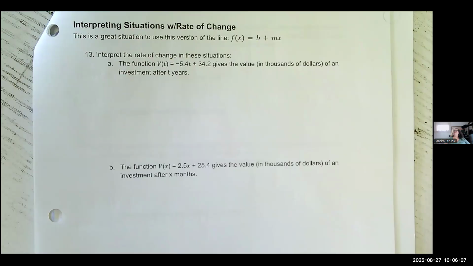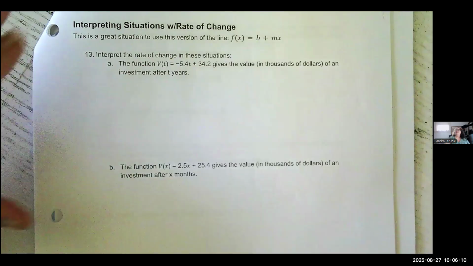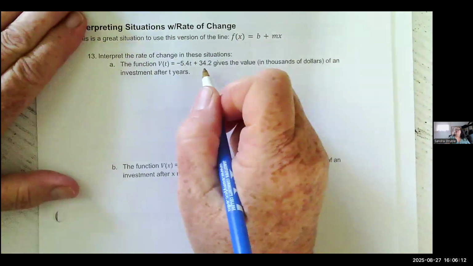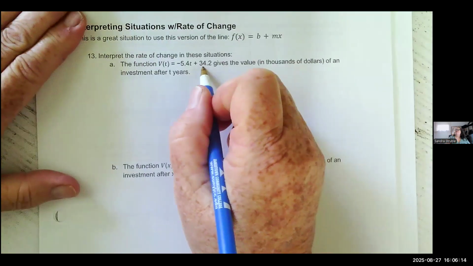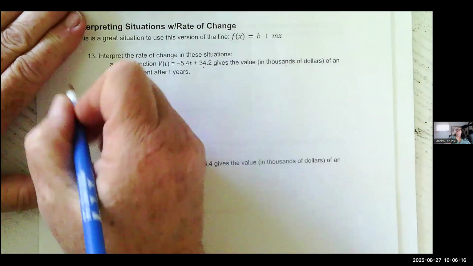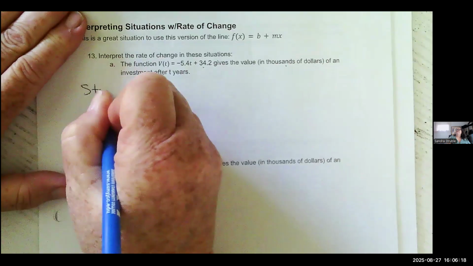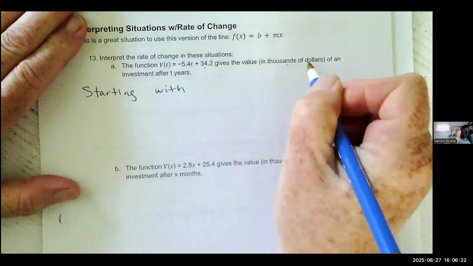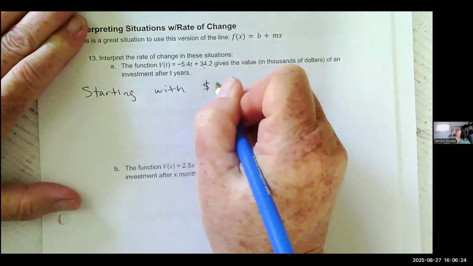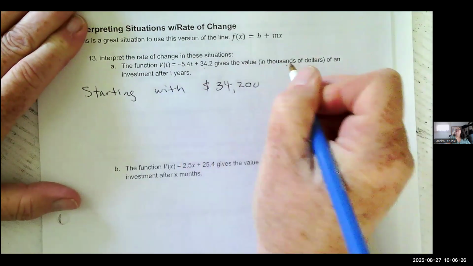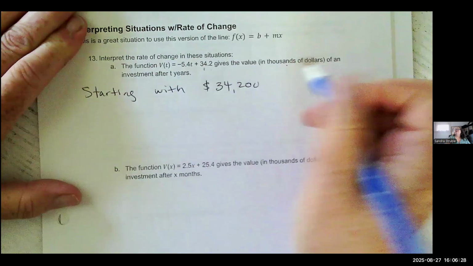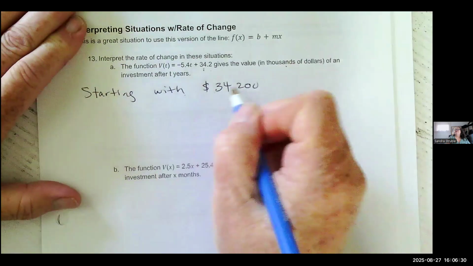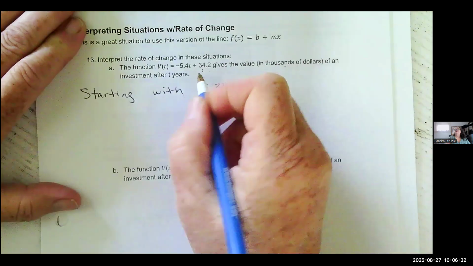Okay, so if we're going to interpret the rate of change, what it means is you're starting at a value of 34.2 in thousands, so it's dollars, $34,200, because it's thousands, so 34.2 times 1,000. So starting with $34,200, they're subtracting.